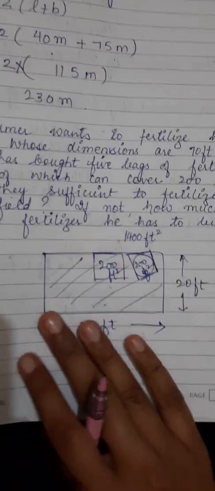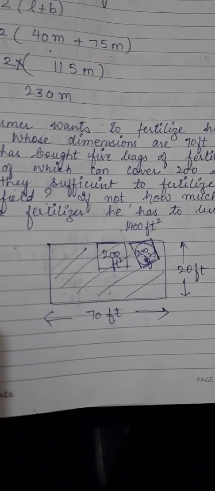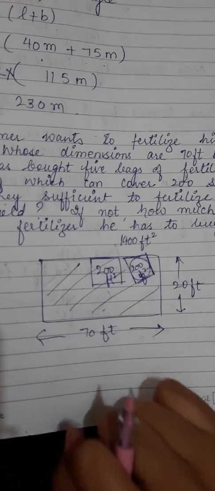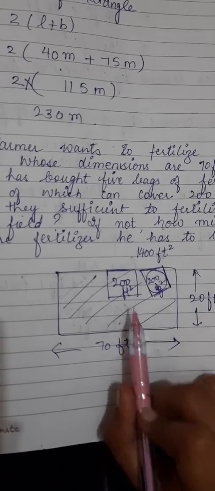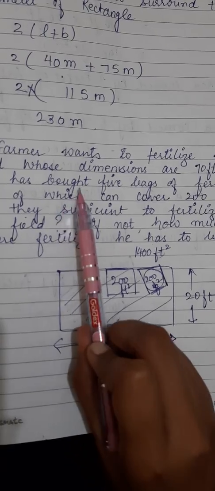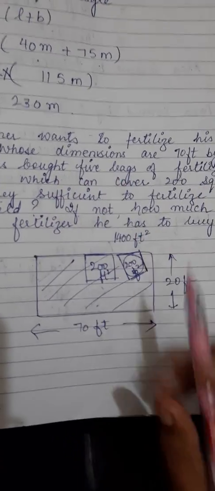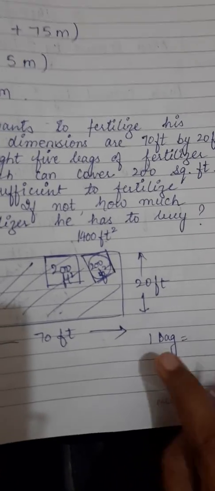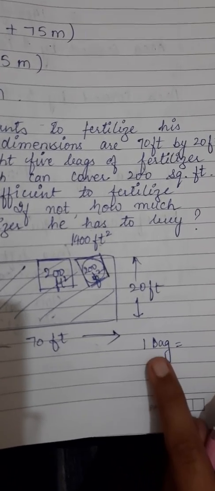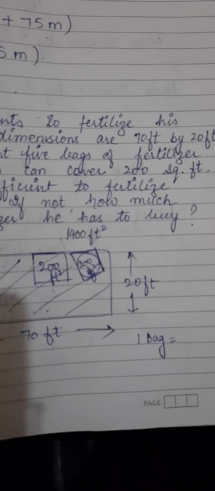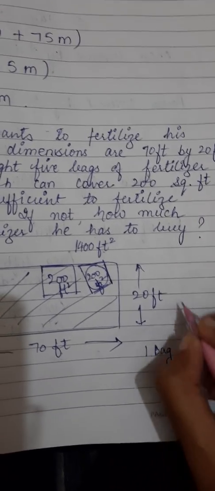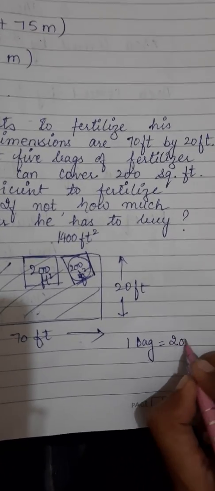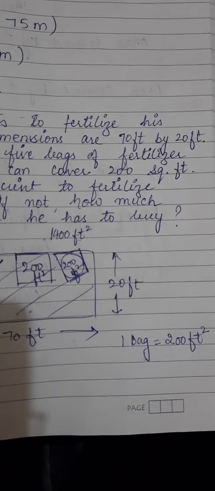Okay. Now before proceeding with the answer, let's discuss here. The farmer has bought 5 bags, out of which 1 bag of the fertilizer can fertilize 200 square feet of area.